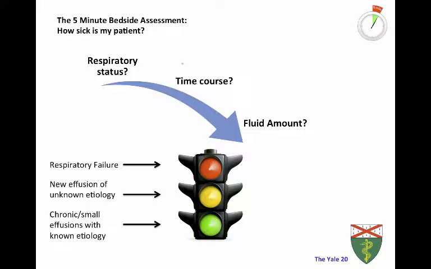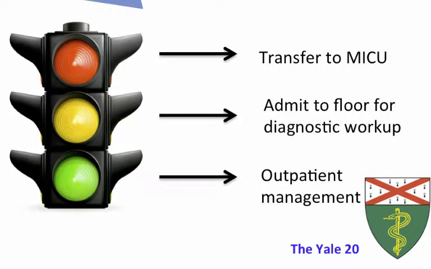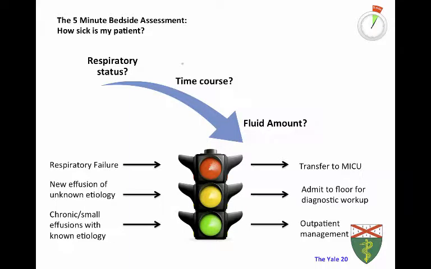And finally, known etiology and chronic effusions can be managed as an outpatient. So respiratory failure, red, most likely transfer to the medical ICU where they can be monitored very closely and possibly get intubation for mechanical ventilation. A new effusion of unknown etiology can be admitted to the floor primarily for diagnostic workup. And chronic small effusions with a known etiology can be managed as an outpatient in clinic.